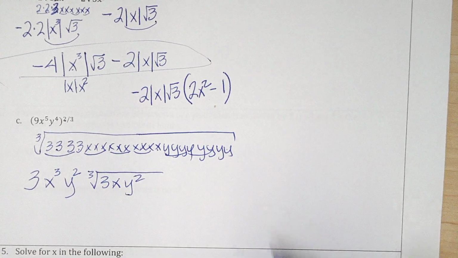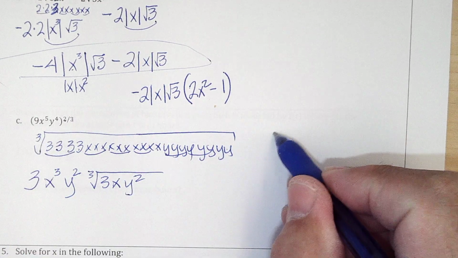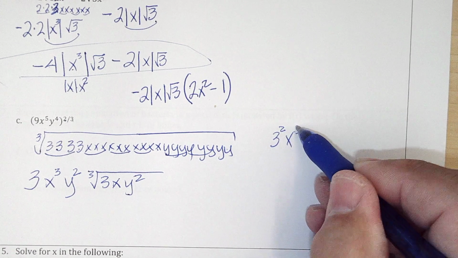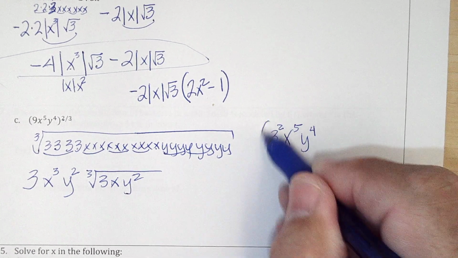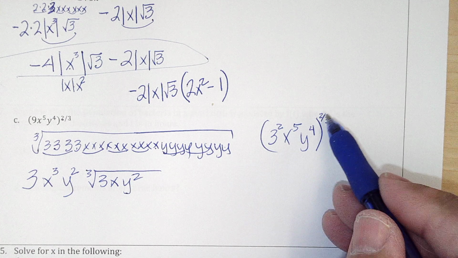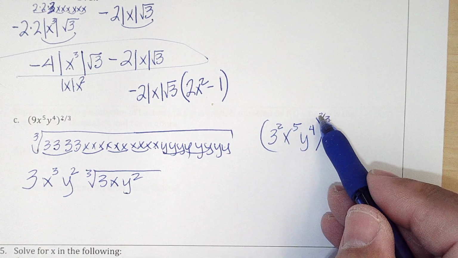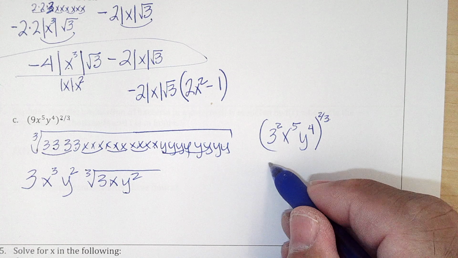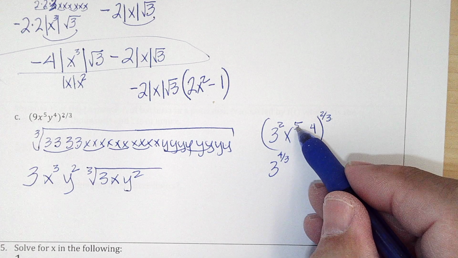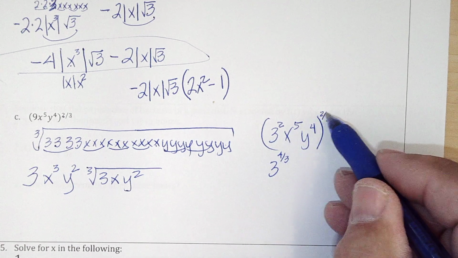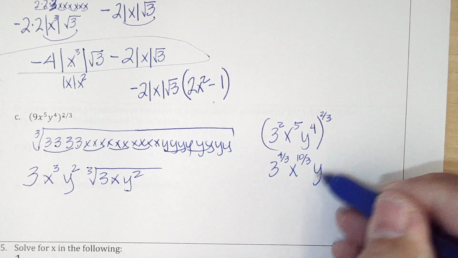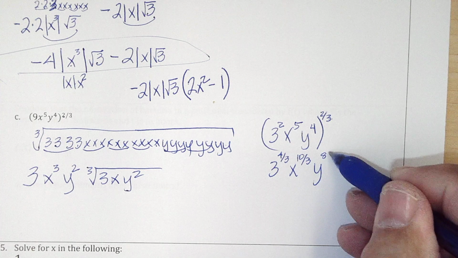Now, if I did it with powers, I can say 3 squared, x to the 5, y to the 4th, all multiplied, so I can distribute the power. So I can take 2/3 times 3, so 2 times 2 is 4/3, 3 to the 4/3, 2 times 5 times 2 is 10/3, x to the 10/3, y to the 8/3.